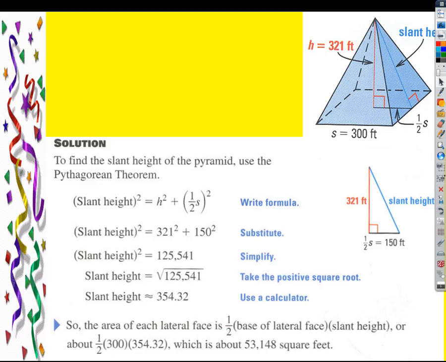Let's specifically talk about a square pyramid here. What do you think the square part refers to? The base, yeah. When we talk about a hexagonal pyramid, a square pyramid, or a pentagonal pyramid, we're talking about the base, because all of the faces are going to be triangles, right?